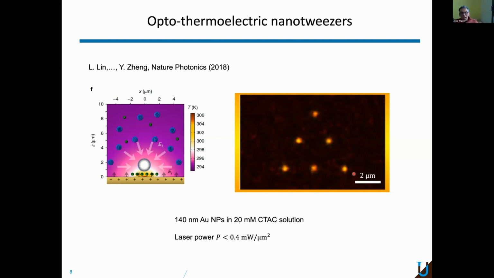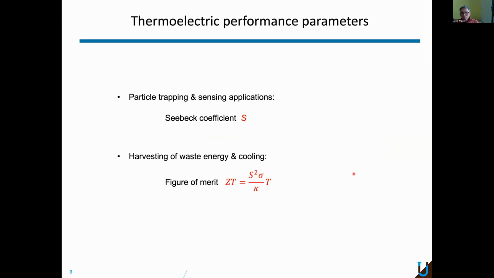So that was just again to show you a few applications in these plasmonic systems. Now I'd like to say 2 words quite generally on thermoelectric performance parameters. People have used electronic materials for a long time. Now in recent years, we have looked at ionic systems. There are 2 parameters.